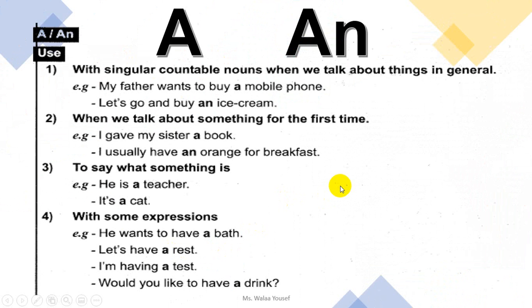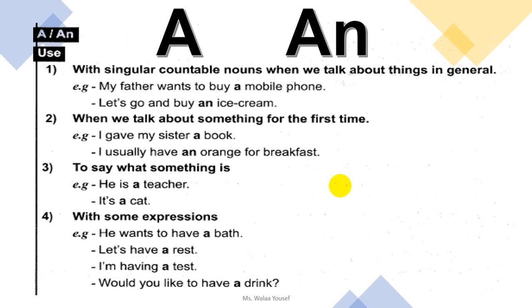Also, we have a, an, and the. We put a, an before singular countable nouns. Singular countable nouns, الأشياء المعدودة المفردة أو الأسماء المعدودة المفردة.